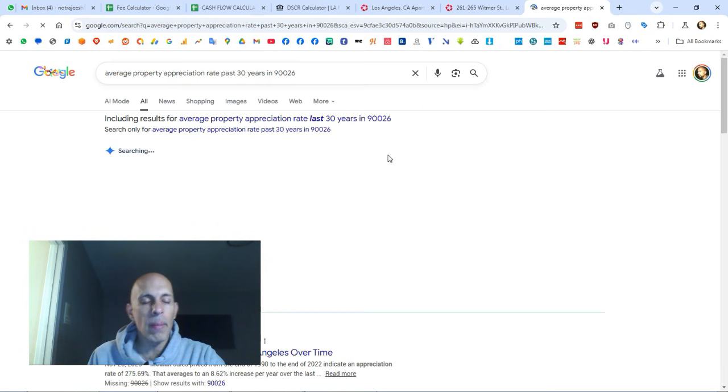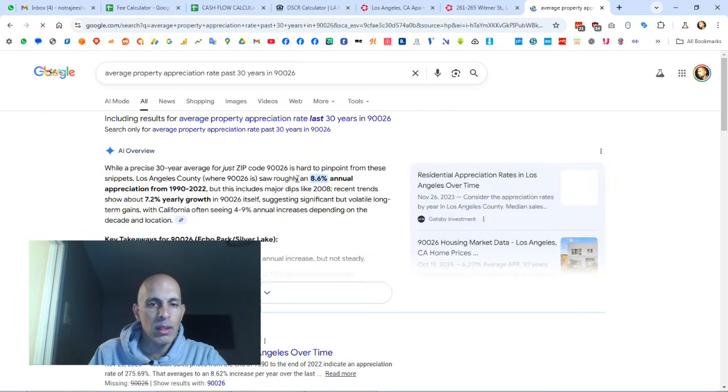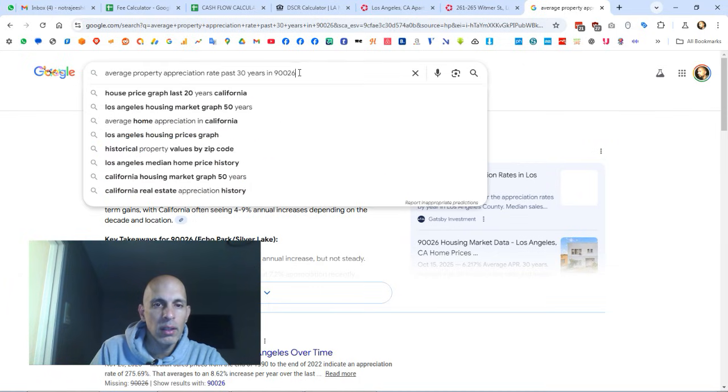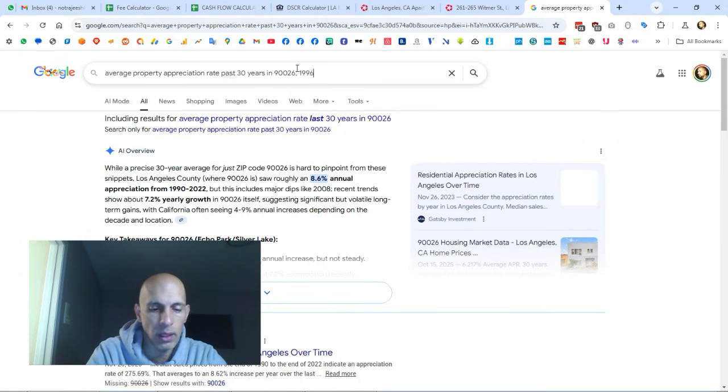So this is recent trends. 7.2 versus 8.6. So I want to go 1996 to 2026.